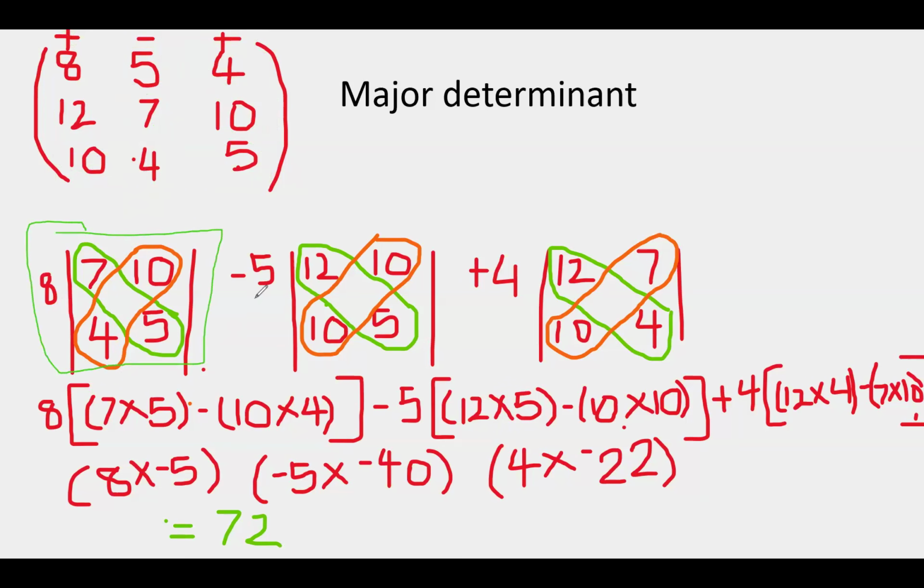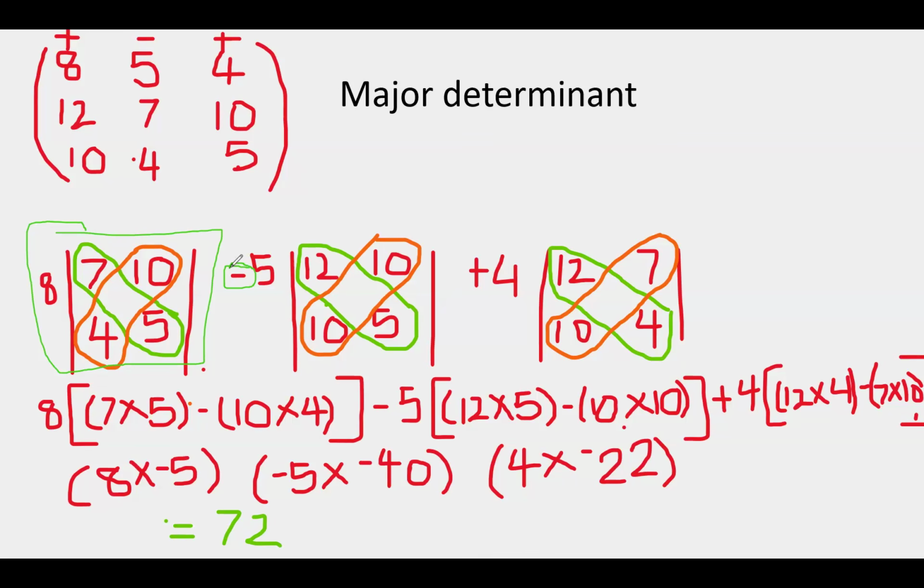So how we get the second matrix, if you realize there's a negative sign before the 5. Like I explained earlier, before you start finding your major determinant, always ensure to place your signs above the first values of the matrix. It's positive, negative, and positive.